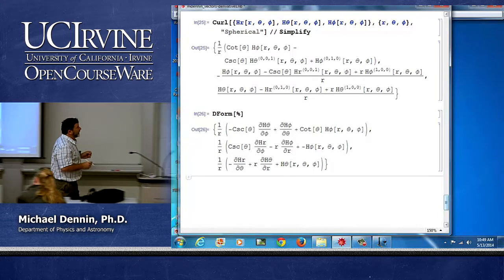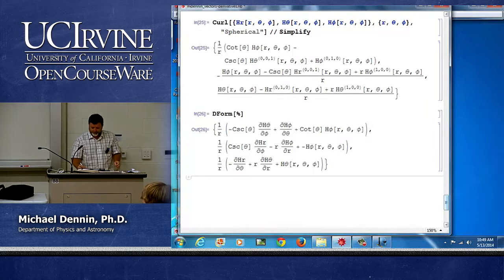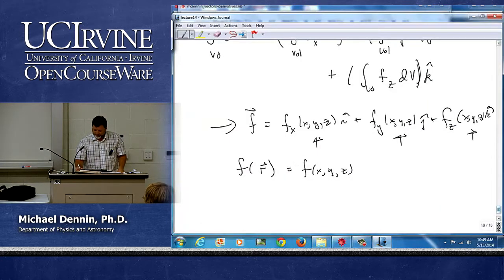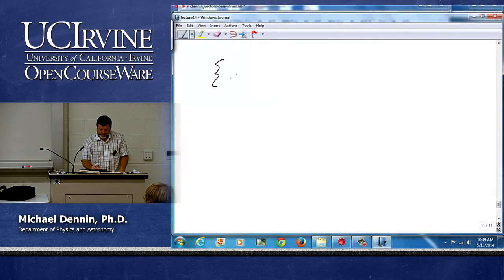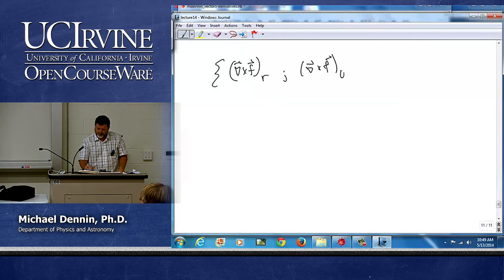So if I wanted to, so think about this for a second. So what I have in Mathematica is, this was the curl of some function, and it's the R component, it's the curl of some function, and it's the theta component, and it's the curl of some function, and it's the phi component.